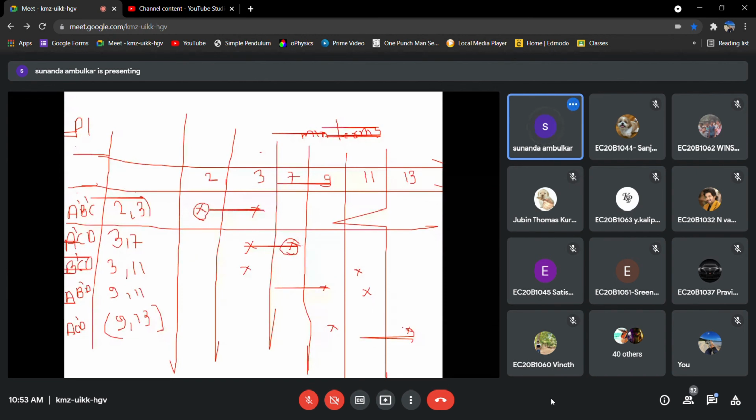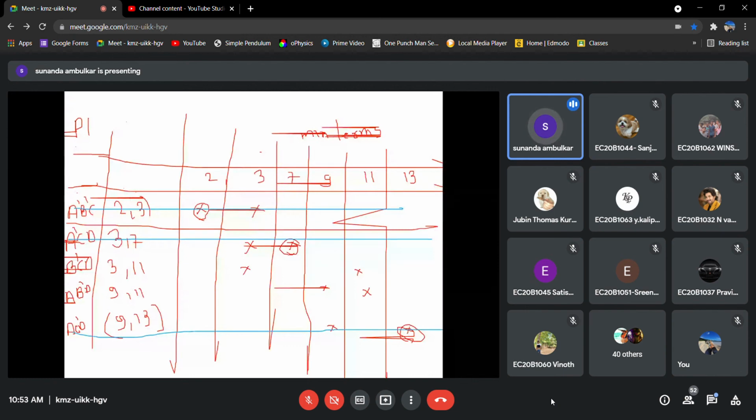So can you identify those essential prime implicants? This one makes the essential prime implicant, this one also, and this one also. Clear? Any doubt?